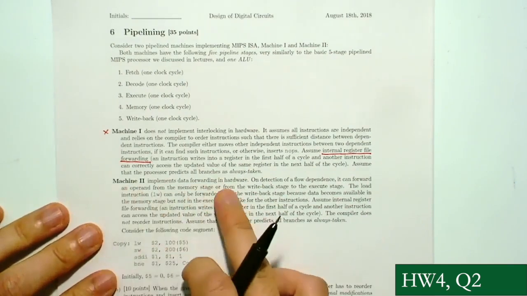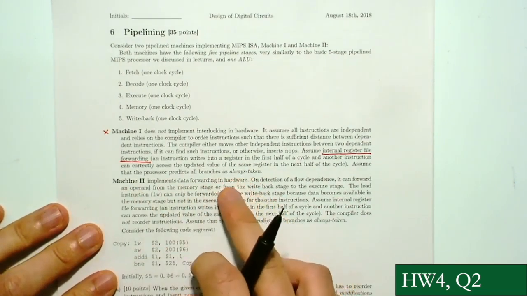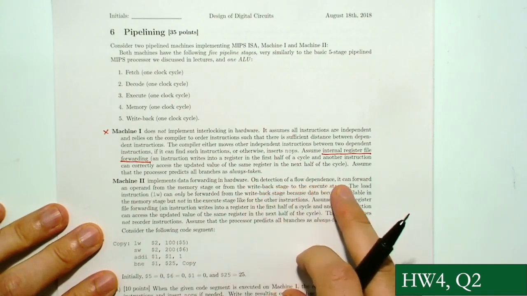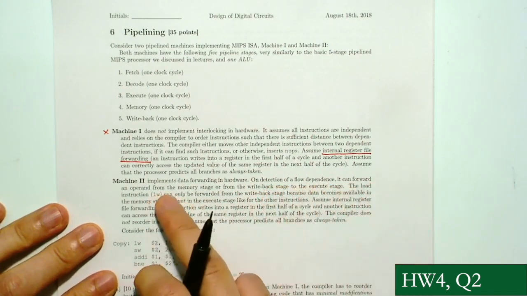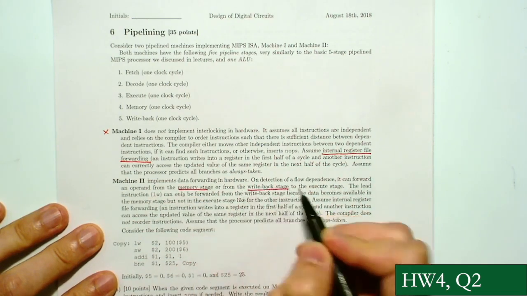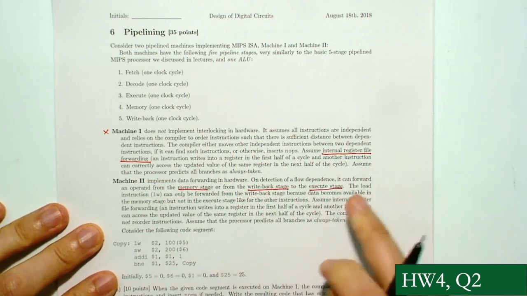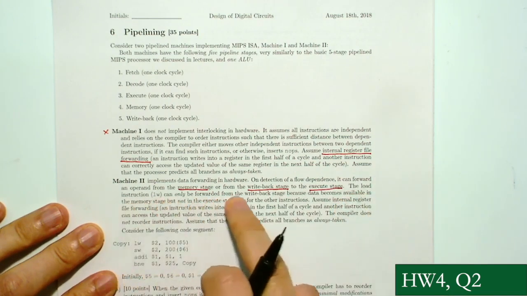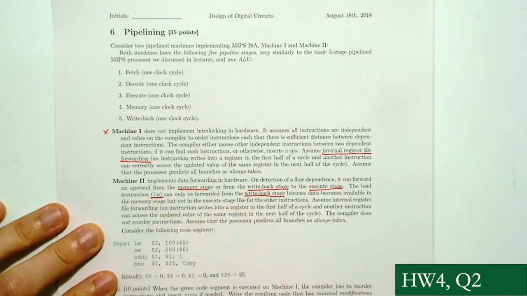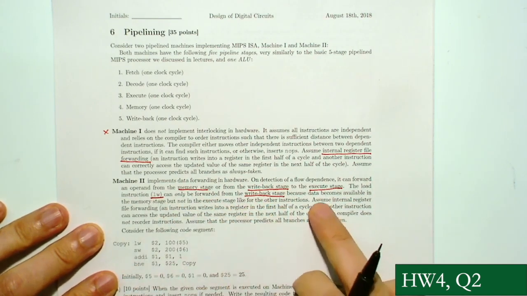Okay, machine 2 implements data forwarding in hardware. On detection of flow dependency, it can forward an operand from the memory stage or from the write-back stage to the execute stage. The load instruction can only forward from the write-back stage, so the load instruction only from the write-back.